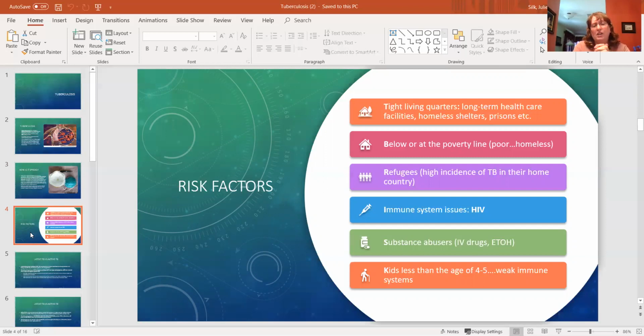If you use IV drugs, you're going to be at risk. Substance abusers. If your immune system is already low, like maybe you have HIV, then you're at risk. And then also any kids less than age 4 to 5 with a weak immune system are also going to be at risk for this.